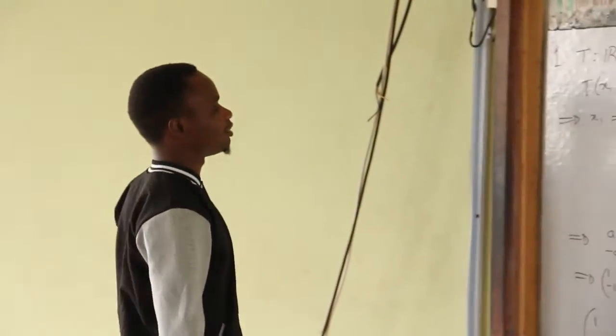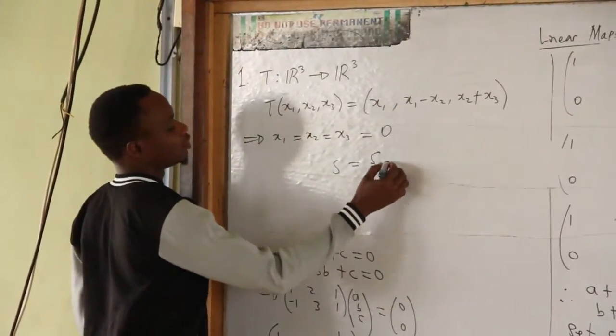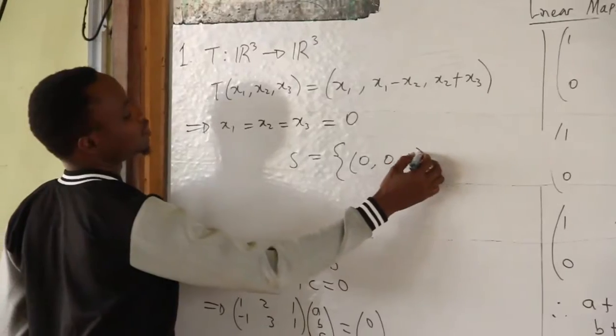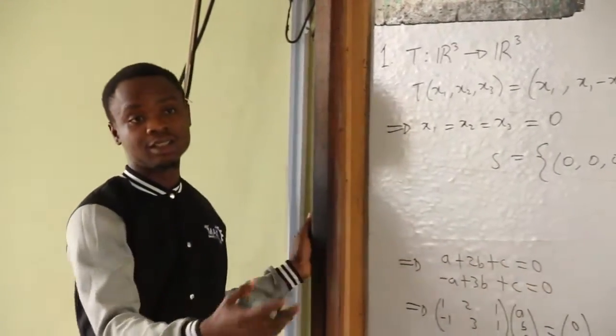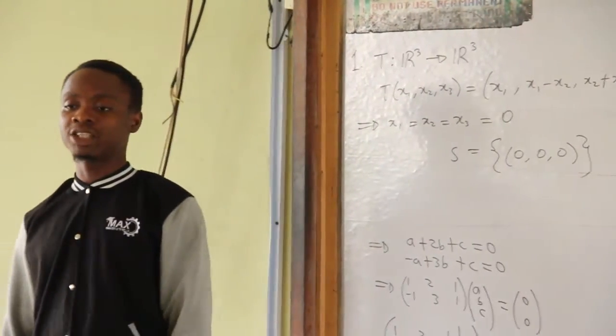So what will be the basis for that vector space? The basis S will be equal to 0, 0, 0. Is that clear? In this case, that's the only basis you can have. How about the dimension? The dimension is 1, that's only one vector. The dimension of ker T is 1. That means the nullity of the transformation T is 1. Do you understand that? So let's take another one.